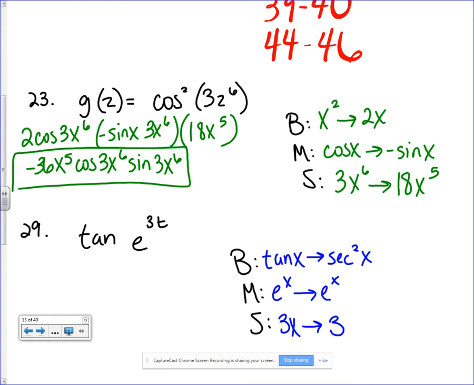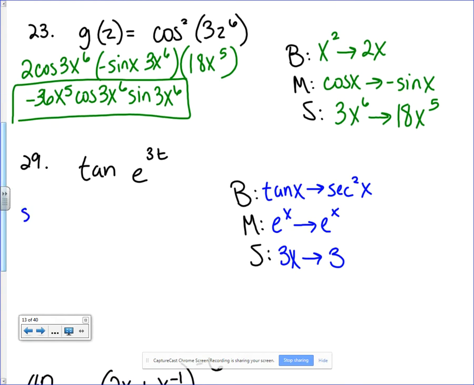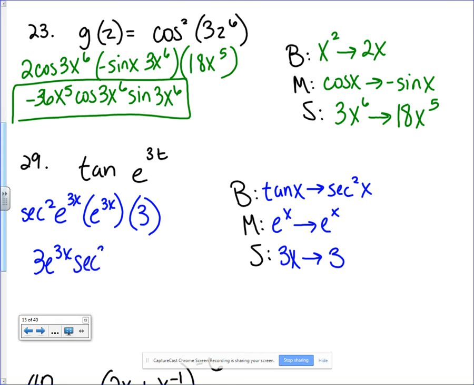Okay, so I need the big derivative with both the medium and small functions inside. Then I need the medium derivative with the small function, and then I need the small derivative. So final answer will look like that.